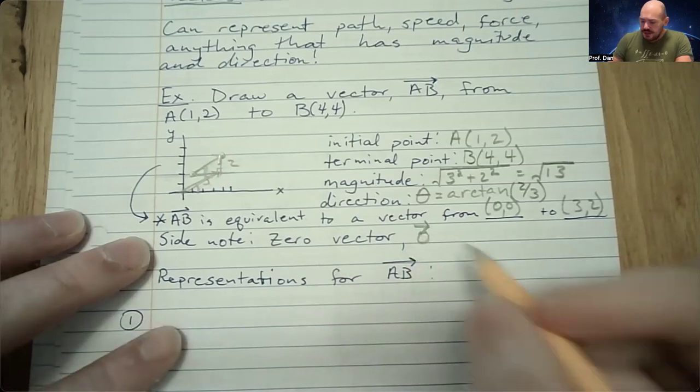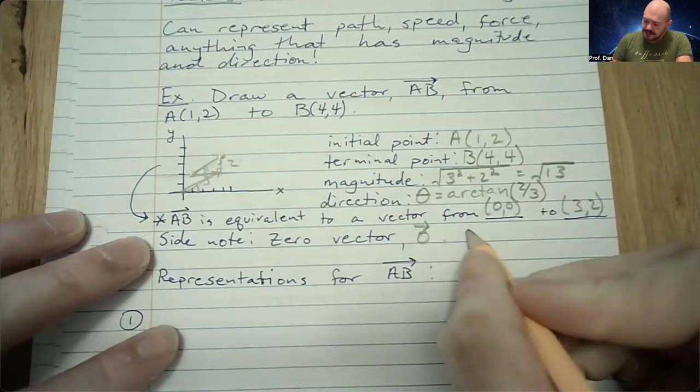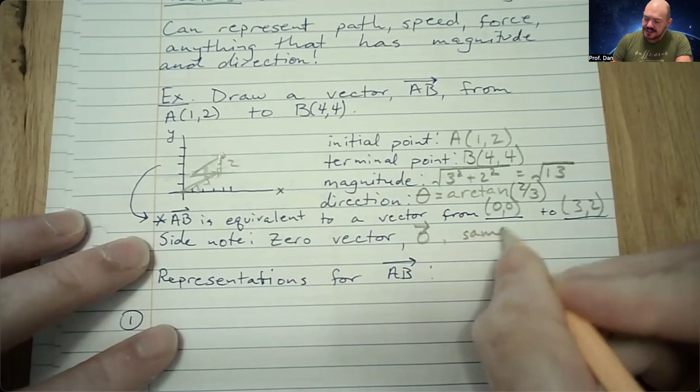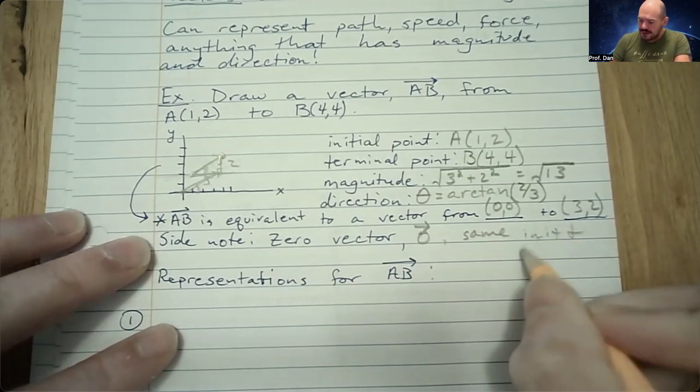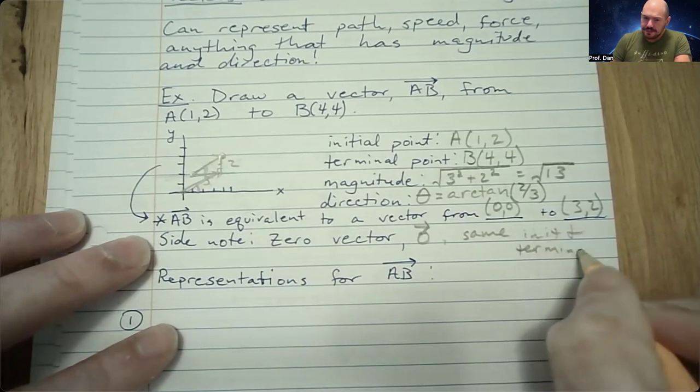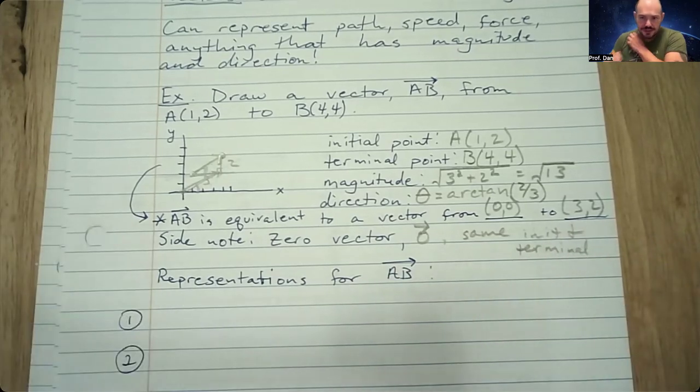So the zero vector is essentially any vector that has the same initial and terminal point. So if I were to graph it on a 2D plane, that would literally be a dot. If I were to graph it in three-dimensional space, it would be a dot. On a line, it would be a dot, right? Same initial, same terminal.